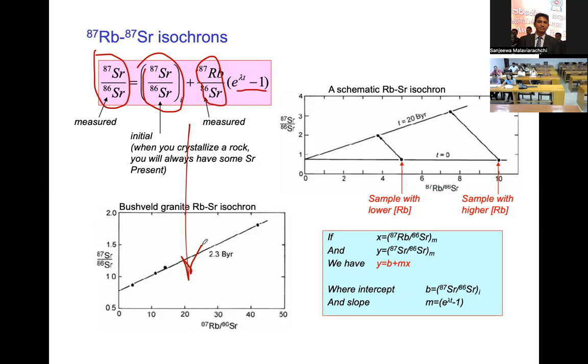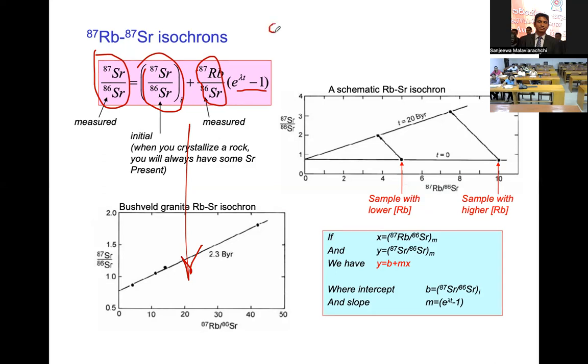You can get a line, but it might not be a meaningful isochron if this parent-daughter system has exchanged or violated the closed system behavior. Another important thing, which I haven't mentioned yet, is the temperature condition, right? We have something called closure temperature.